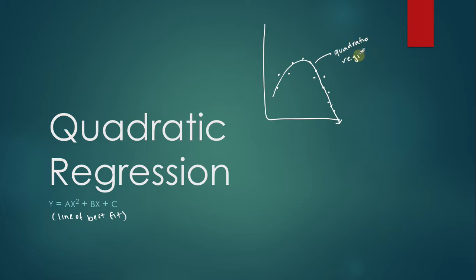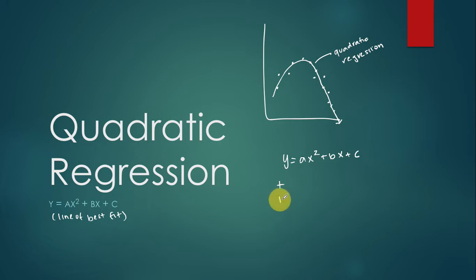So what we're going to do is when we get our line, Desmos is going to do it for us. We're going to use that equation to make predictions. And so if you remember, the standard form for quadratics is y equals ax squared plus bx plus c. But if we want to do it in quadratic regression, we want Desmos to give us the answer.